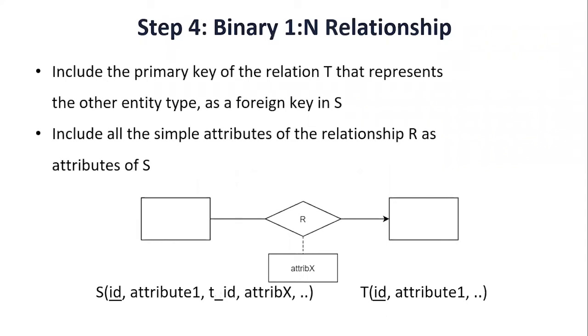And now what we have to do is include the primary key of the relation T, that is the other entity set's relation, as a foreign key in S. So again, this ID will go here as a foreign key. So that would be T ID. And if there are any simple attributes in the relationship R, they also go here with relation S. So this attribute X will be included here.